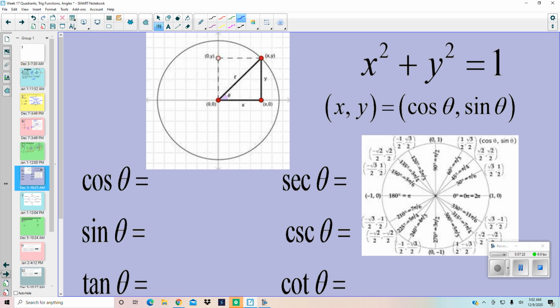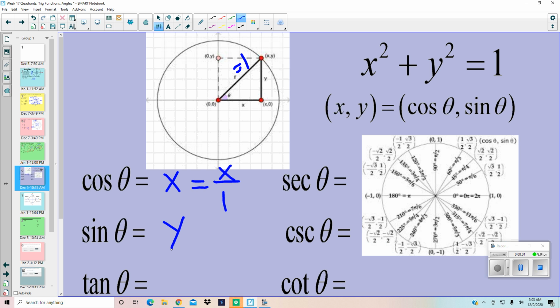Okay, remember, when you have the unit circle, you have radian and degree angles. Every angle corresponds to an ordered pair. Every x coordinate is the cosine of the angle. Every y coordinate is the sine of the angle. Every point around the unit circle creates a right triangle with the x-axis. So if I think about the cosine of the angle, and my radius, remember, is 1, that's going to be equivalent to the x-coordinate, because cosine is adjacent over hypotenuse, so that'd be x over 1, which is the x-coordinate.